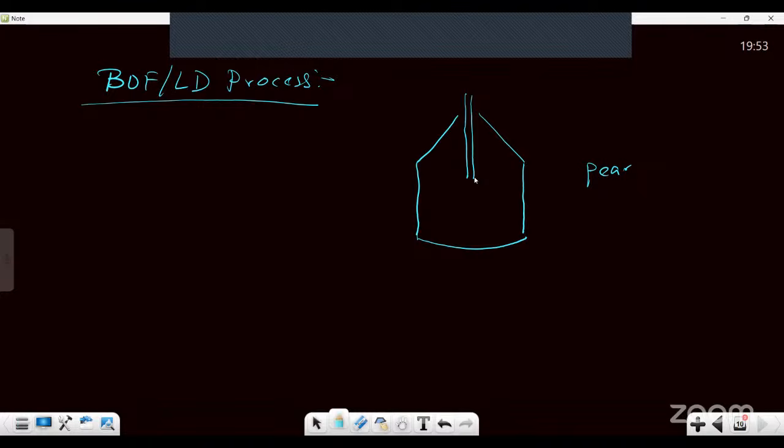This is called the oxygen lance. From this oxygen lance, we are blowing oxygen inside. And this is the hot metal.